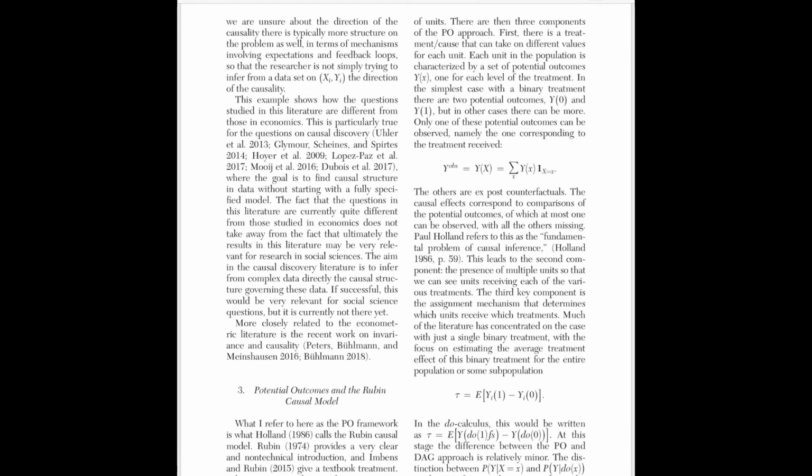Now let's repeat the potential outcome or the Rubin causal models. I have done that in previous sessions, however, maybe not that clear with respect to the terminology potential outcome, right? So the tau is the average treatment effect.